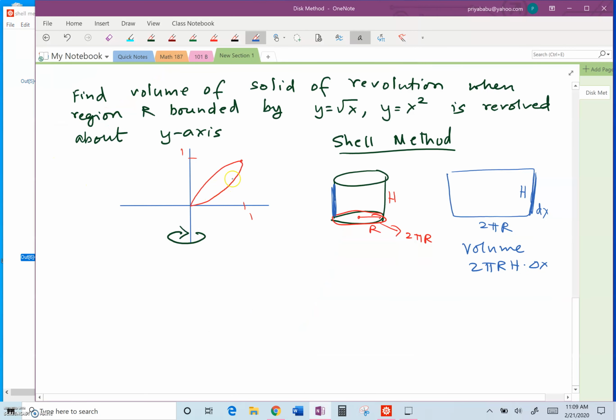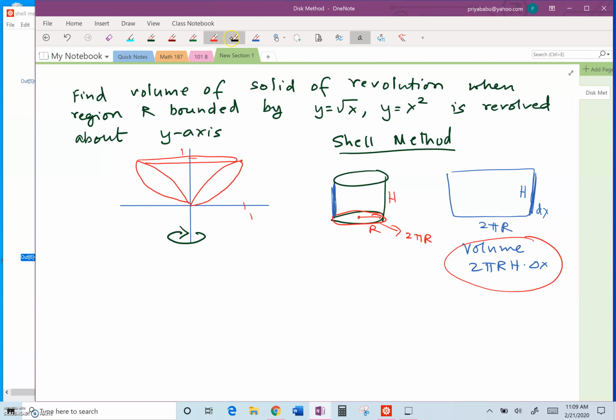So we have this region R, and it's going to be revolved about the y-axis. First we will draw the reflection, and we have the region R, and we're going to draw a shell. Again, a shell has this volume.